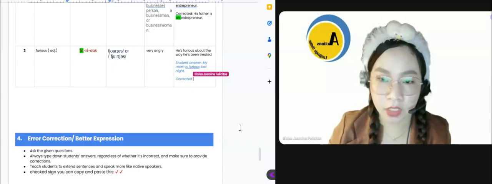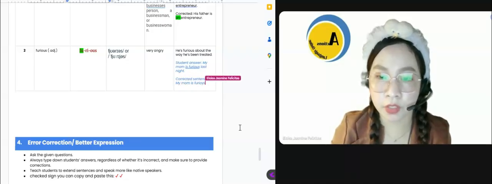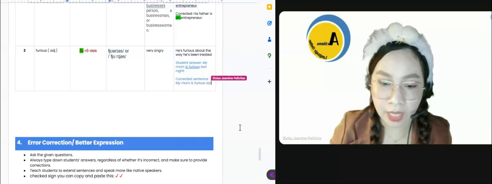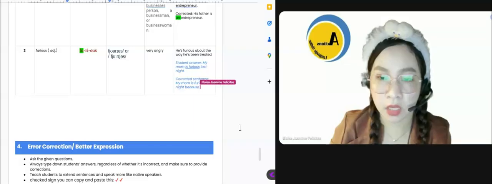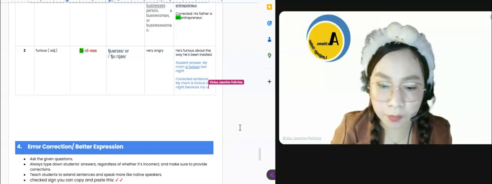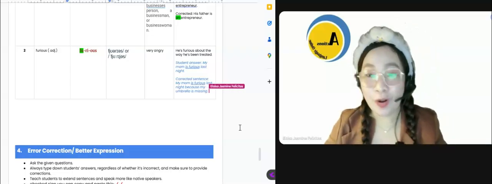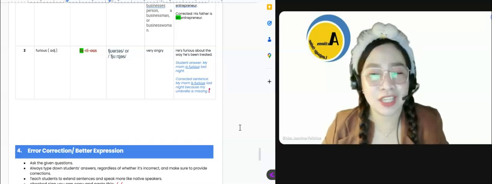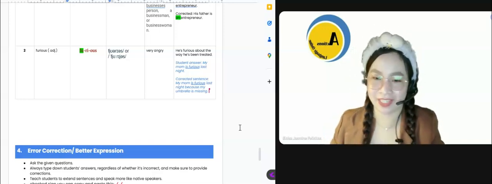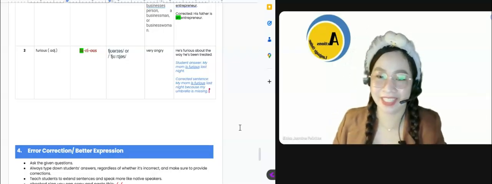Corrected sentence: My mom is furious last night because my umbrella is missing. You know what? My mother too. Every time my umbrella is missing, she's very furious. So the next time, please be very careful of your umbrella, okay?